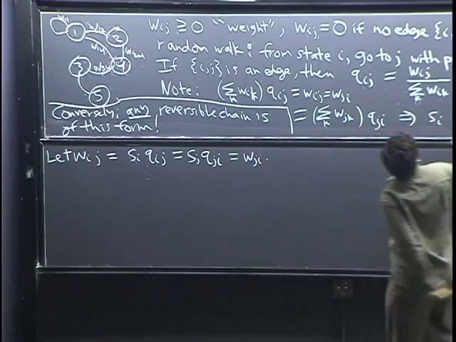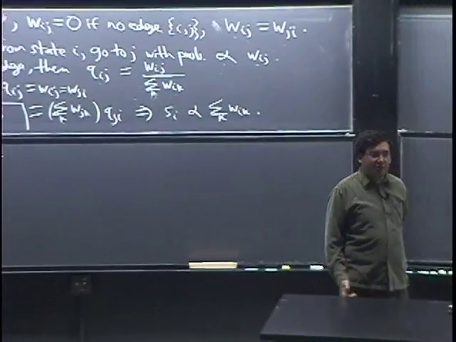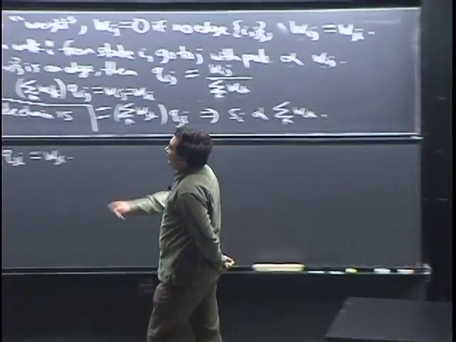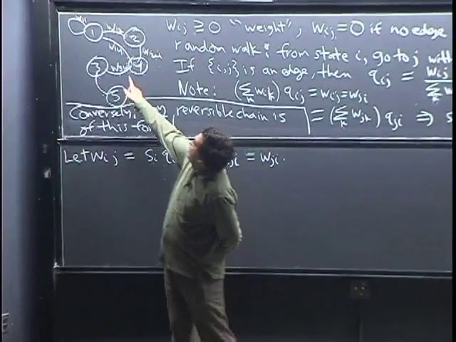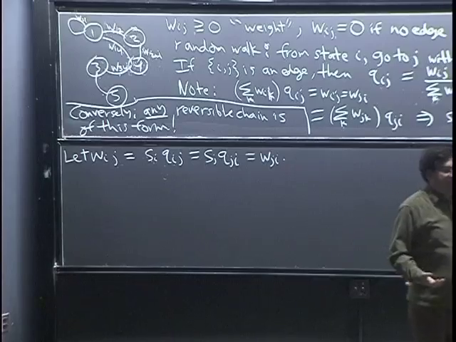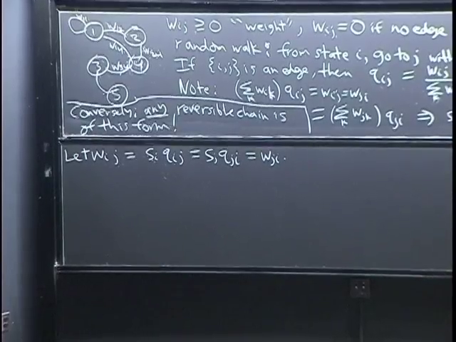So we will have this condition hold, and all we have to do to check that this works is to show that if we define the weights this way and just do this particular random walk, it has the transition probabilities that we want, which are the Qij.